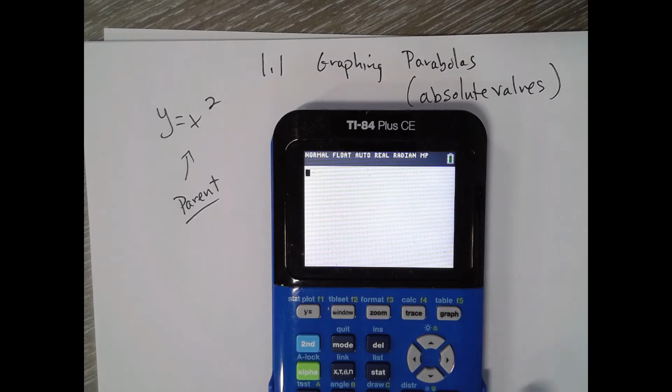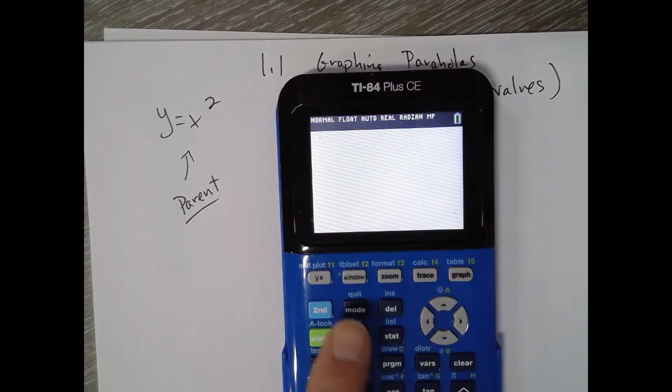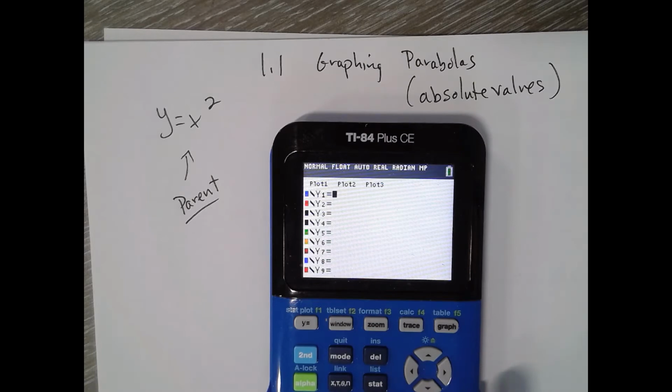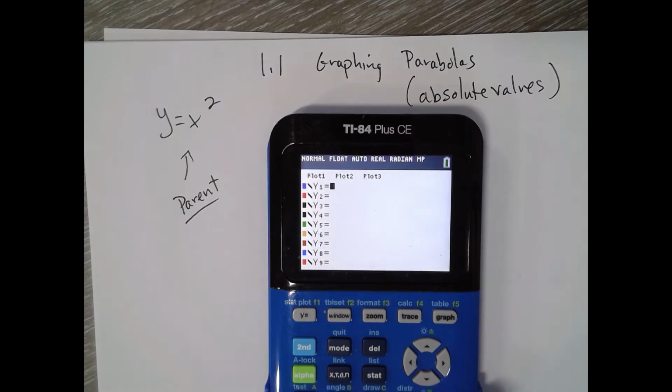Okay, so we're going to graph. The first thing we want to do is y equals, which is in the upper left hand corner. You can hit y equals, and you can type in any equation you want to, and it's going to graph it. The X button is right next to this alpha button right here.